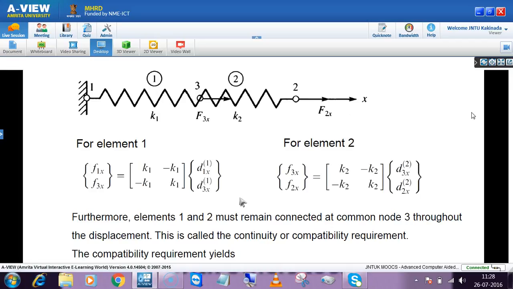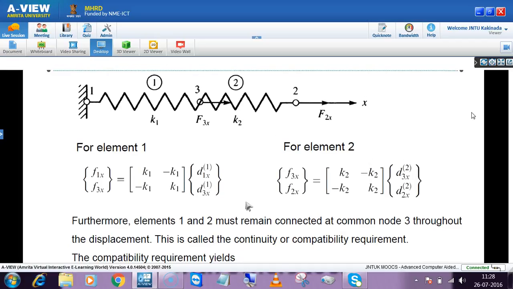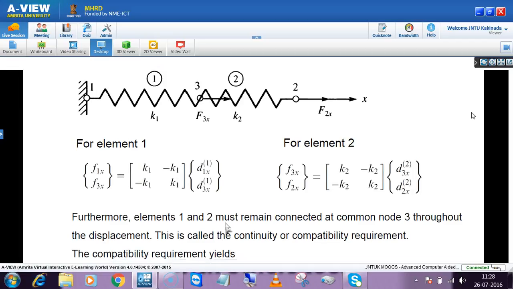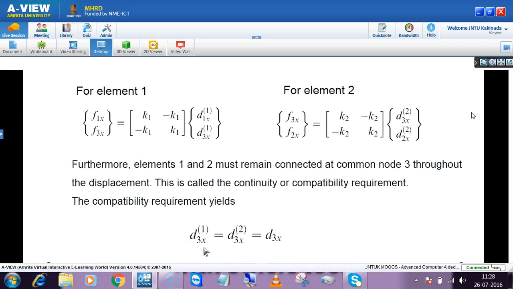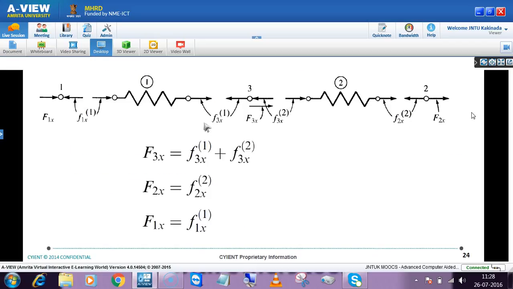The displacement at this node is the same in these two equations. So D3x of the first element and D3x of the second element are the same. That we need to consider here.